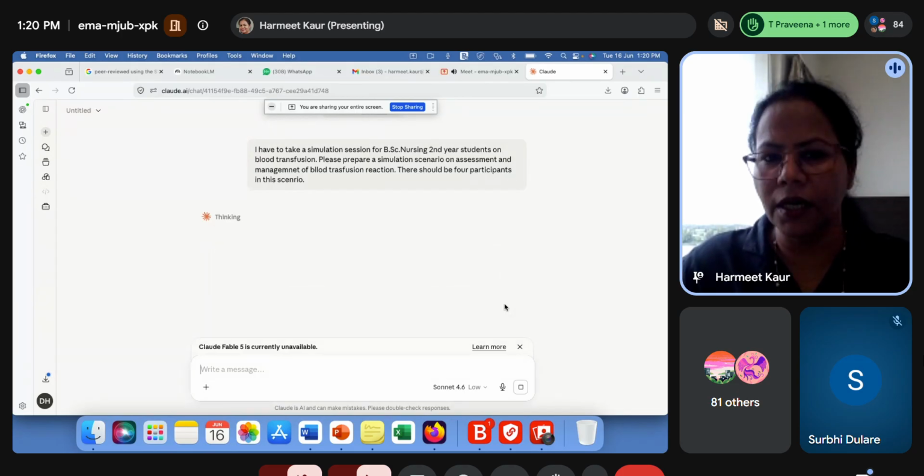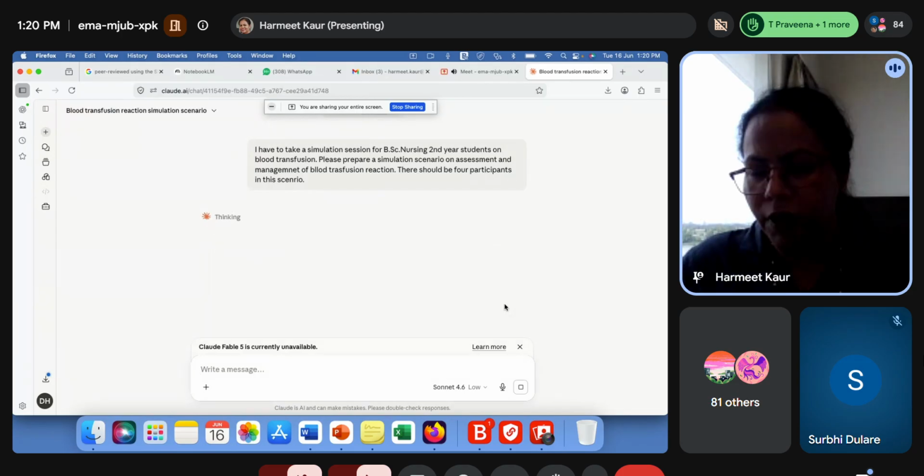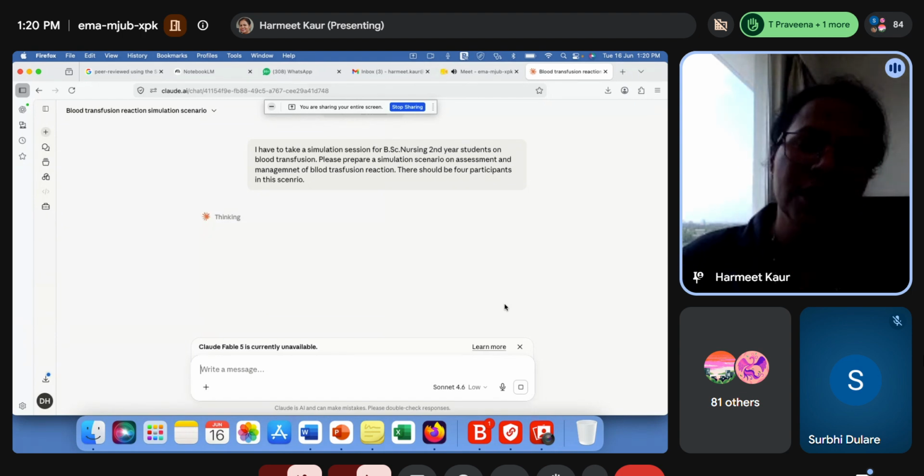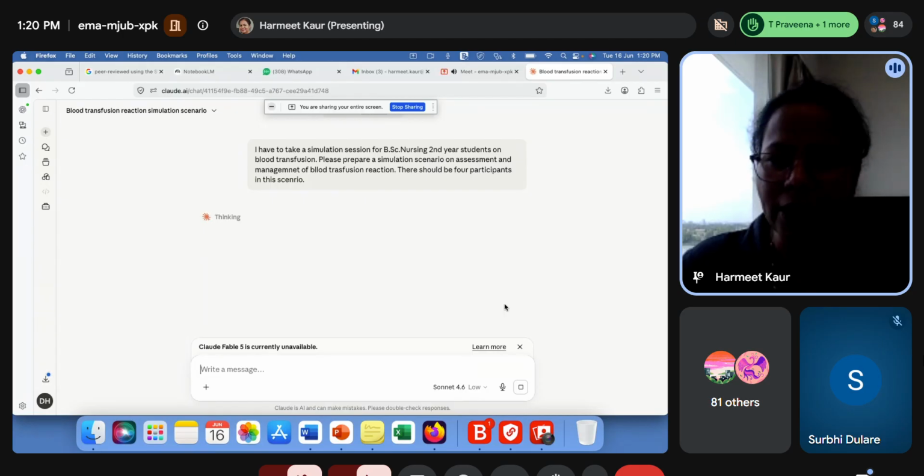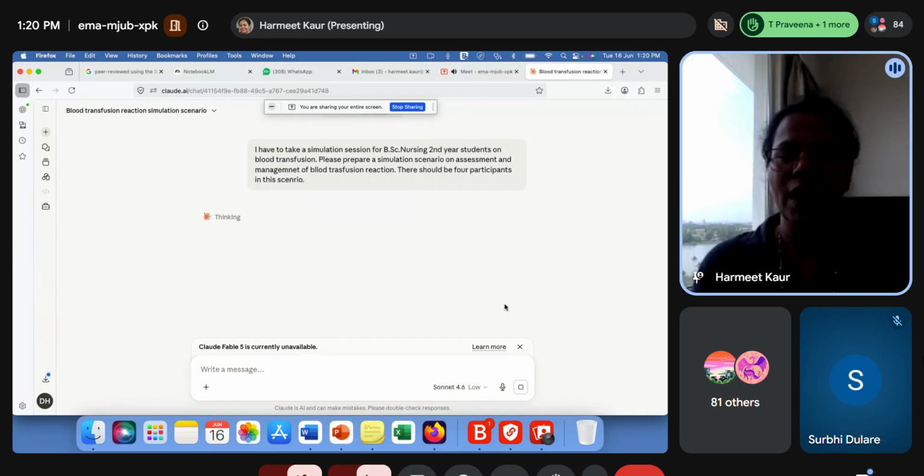Now it is thinking, it'll prepare a scenario. Once it gives you the scenario, you don't have to accept it as such. You have to go through that scenario. If you feel that something needs to be changed, edit it, and then use that scenario.